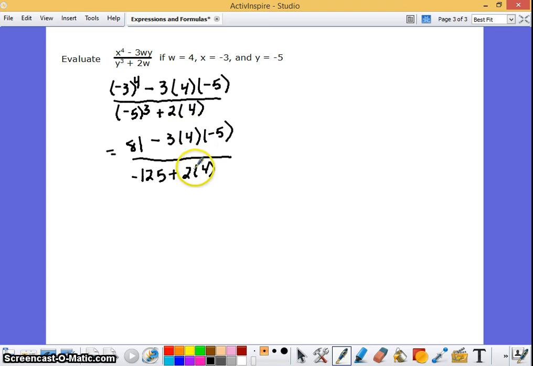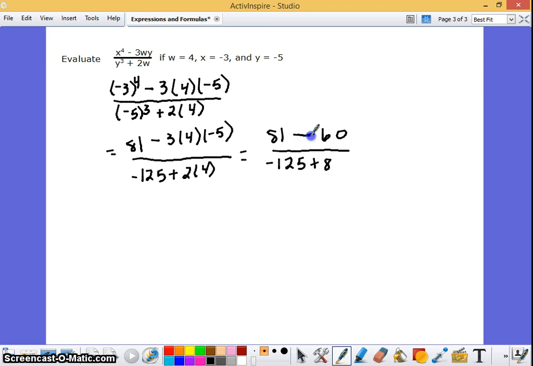Now we're going to do the multiplying. So that's going to be 81 minus 3 times 4 is 12 times negative 5 is negative 60 over negative 125 plus 8.